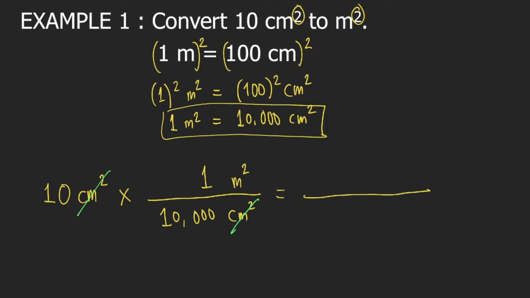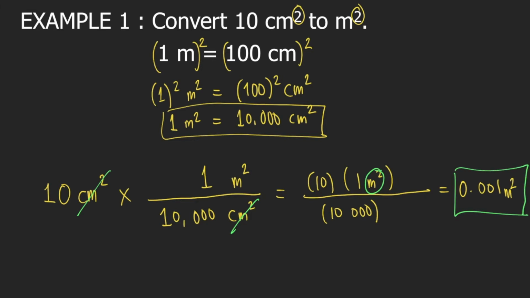Now we have 10 times 1 meter squared on top, and on the bottom we have 10,000. So that's 10 times 1 divided by 10,000, which is equal to 0.001, and the unit would be meter squared. So the answer to this example is 0.001 meters squared.